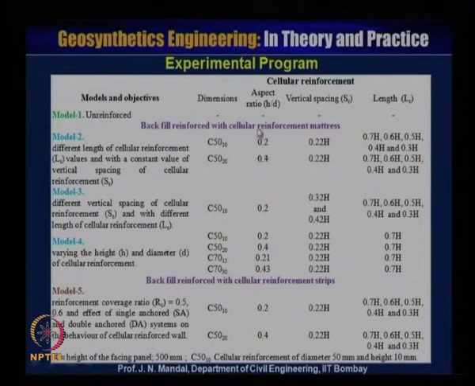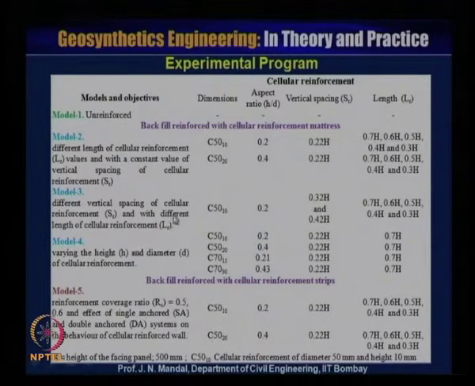This is the aspect ratio H by D, 0.2, 0.4, and this is the vertical spacing 0.22 H, and different lengths have been considered. Here, C and D15 indicate that D is the diameter, that is D50 diameter, and this is the height H of the cellular reinforcement, and a number of experiments have been performed.